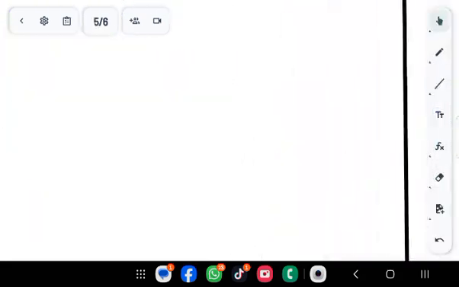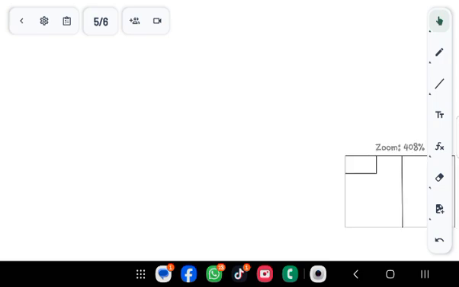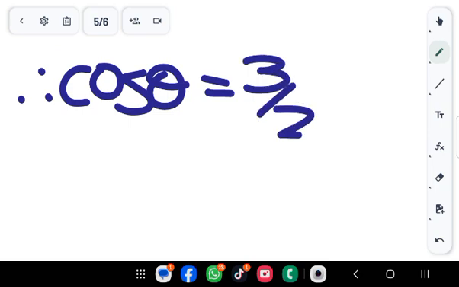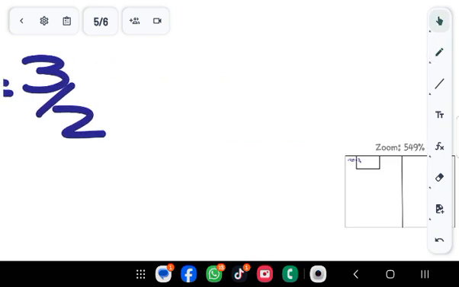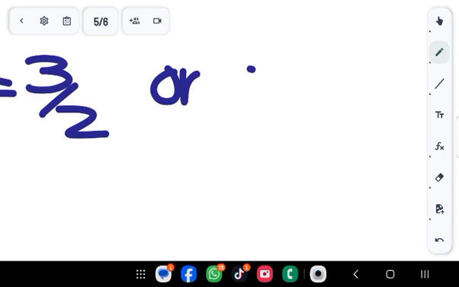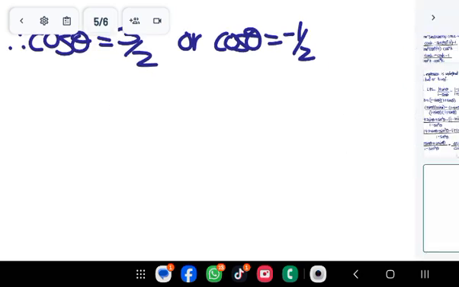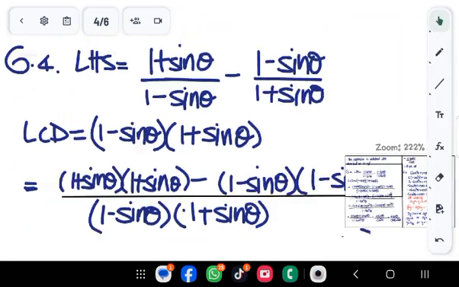Therefore, cos of theta equals 3 over 2, or cos of theta equals negative half. Let's just go back and double check that.